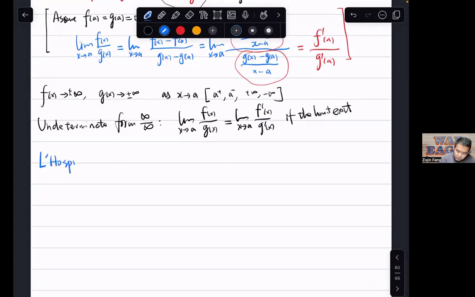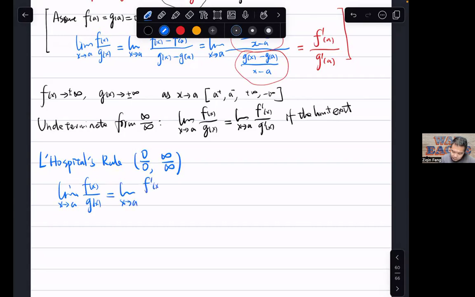L'Hopital's rule, right? You have either 0 over 0 or infinity over infinity. So remember, infinity could be positive infinity or negative infinity. It doesn't matter positive or negative. You can just put a negative in front, right? So then as x goes to a, f of x over g of x is equal to, as x goes to a, f prime of x over g prime of x, provided the limit exists, right?